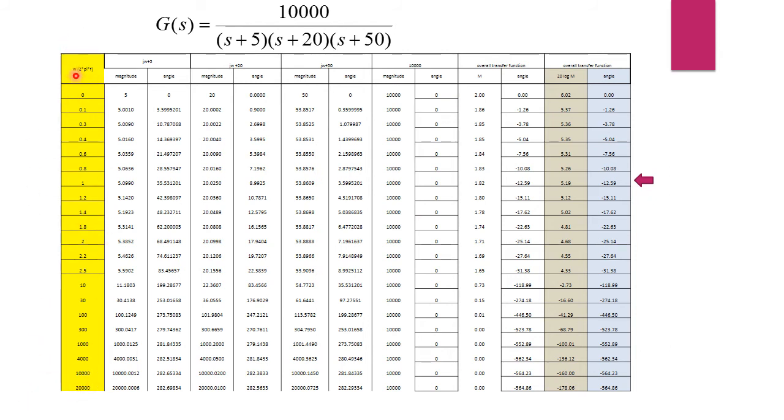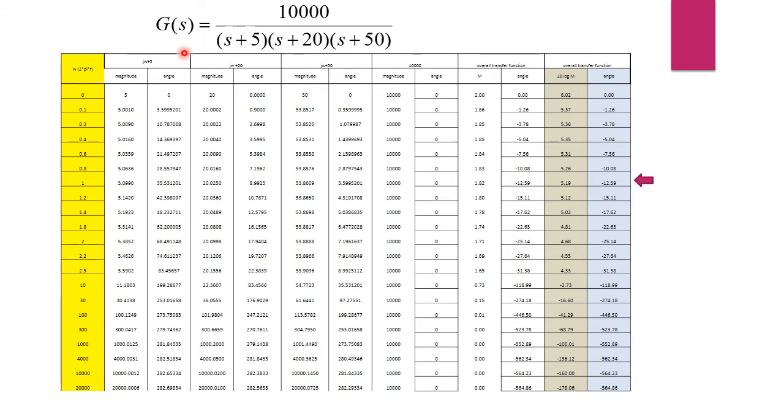On the left hand side is basically the pulsation, the frequency, right? The range that it is testing is from 0 up to 20 kilo radians per second. So there are different values of omega that they are testing.